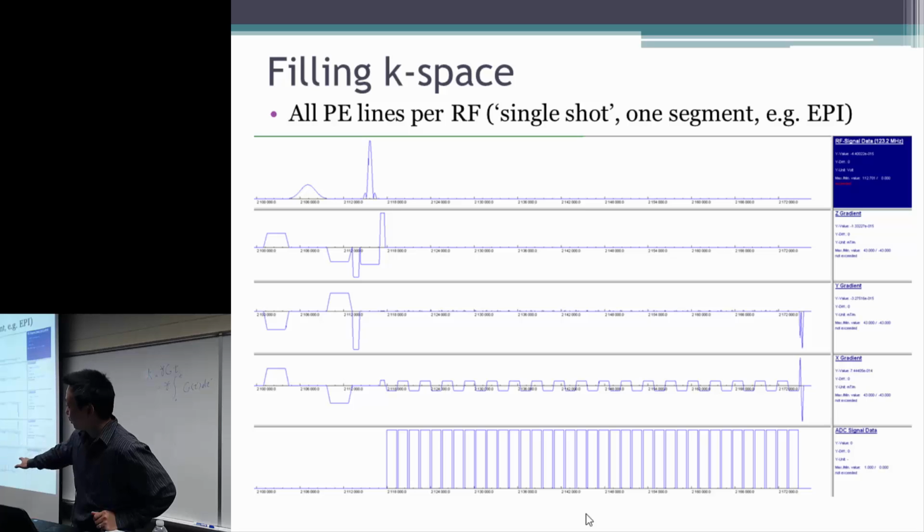So let's just assume that this collects all the k-space lines at once. Usually we call this technique single shot. We just collect one image, usually a 2D image, in one single excitation shot. This is also equivalent to one segment of the k-space. The whole k-space is one segment.